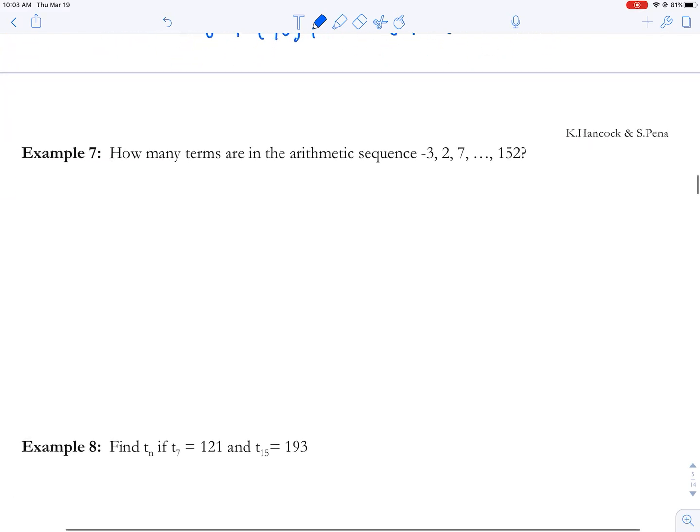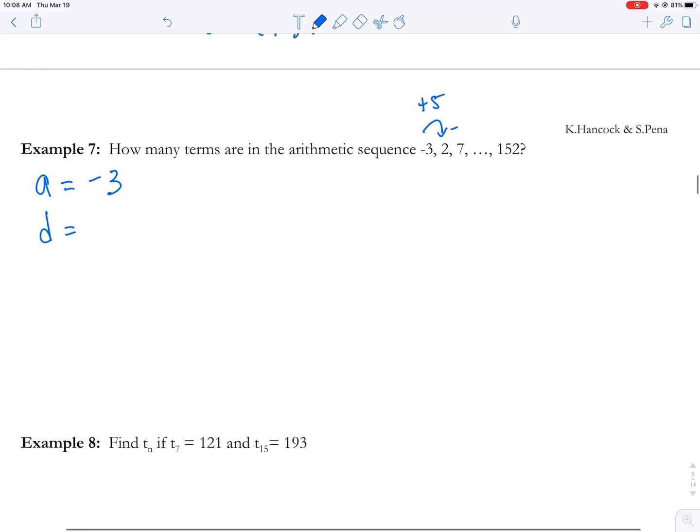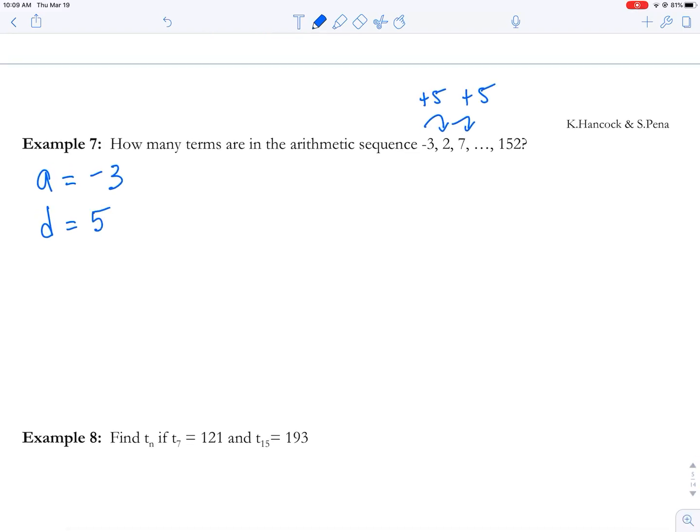Next. Example 7 says, how many terms are in the arithmetic sequence -3, 2, 7, up to 152? So in this one, we know that a equals -3. That's our starting term. d is our common difference, and each time we're taking a step of +5. So our common difference is going to be 5.